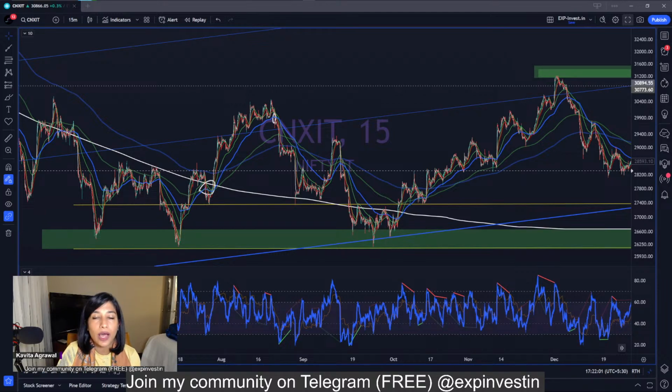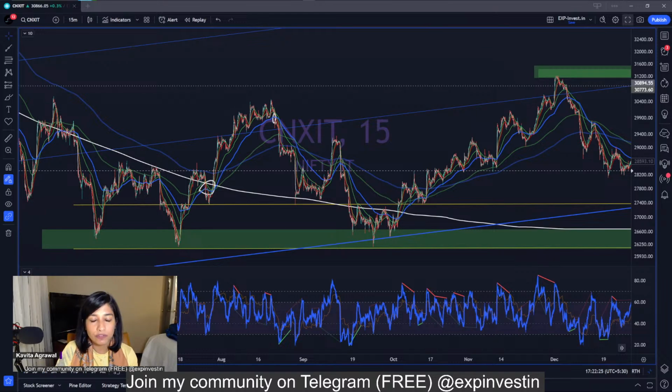I use RSI, moving averages, volume analysis, trendline analysis, Fibonacci ratios, chart patterns, candlestick patterns, and volatility measures, among a few others. These are all things that I look at for every single trade setup, and all this analysis is done on multiple time frames, which I just showed you.